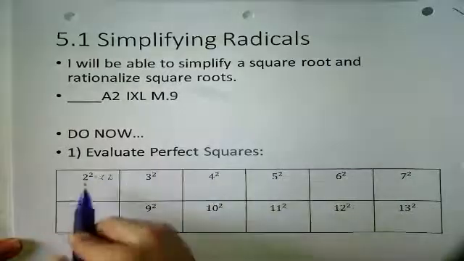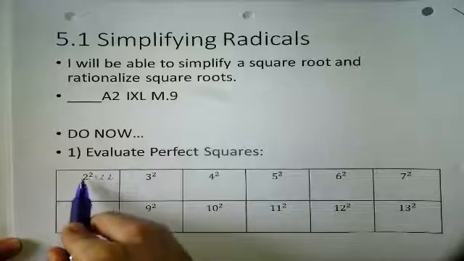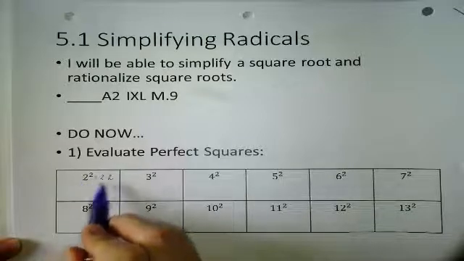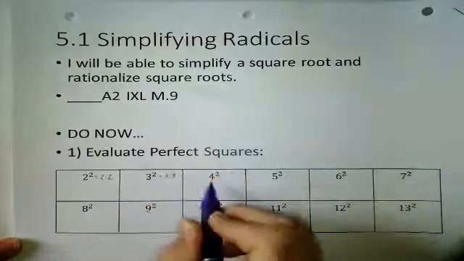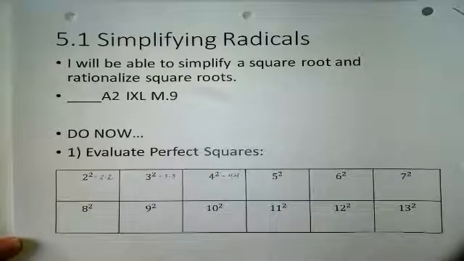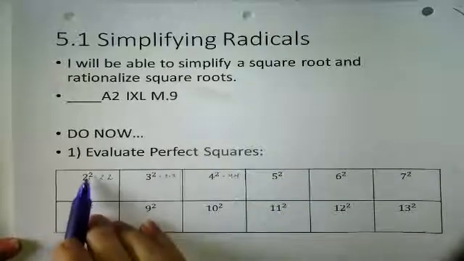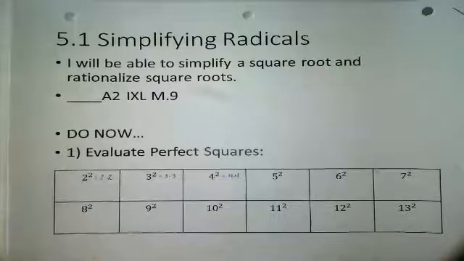Just thinking about what a power means. An exponent says repeat the base, in this case 2 times. So 3 squared would mean 3 times 3, and 4 squared would mean 4 times 4, and so on and so forth. And we just need to remember that. I think remembering what the exponents really mean goes a long way.